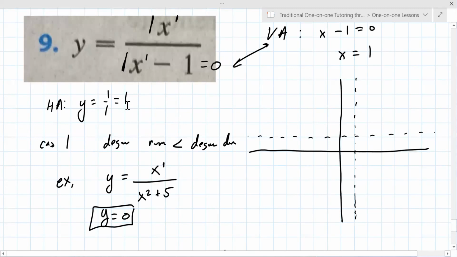Okay, great. We still have to figure out where the x-intercepts are. The x-intercepts are when y equals 0. So when you write 0 equals x over x minus 1, it ends up just being where the numerator equals 0, which is at 0.